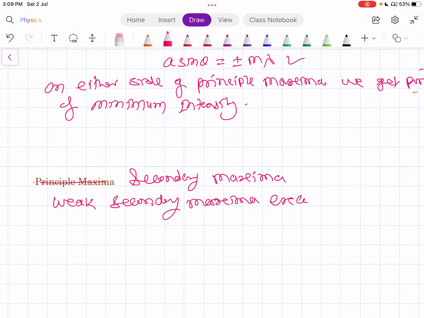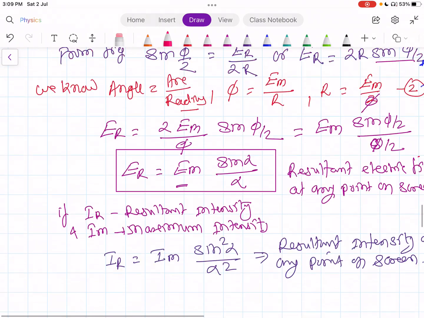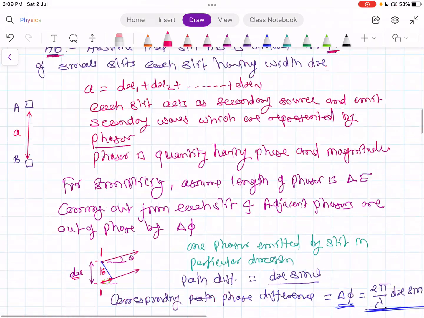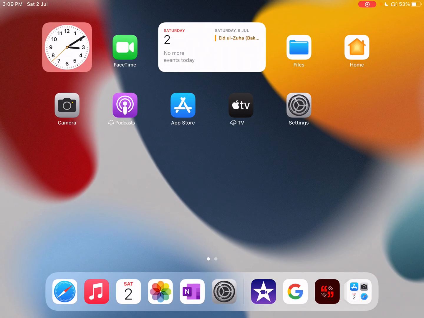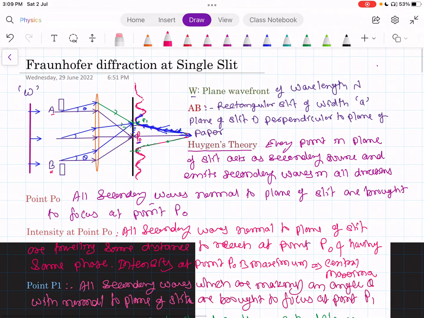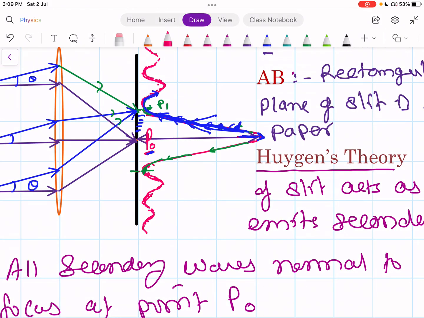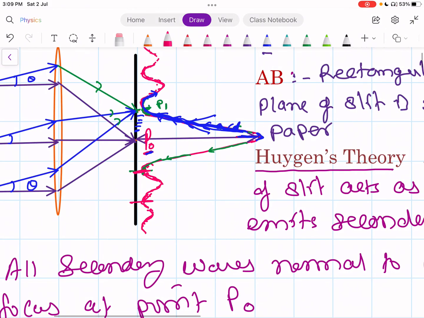As you can see here in this diagram, these are the minimas.